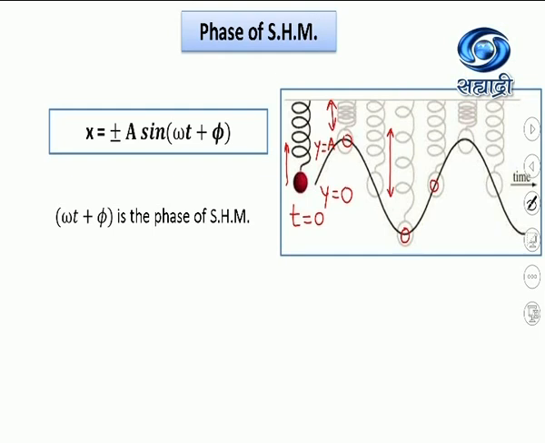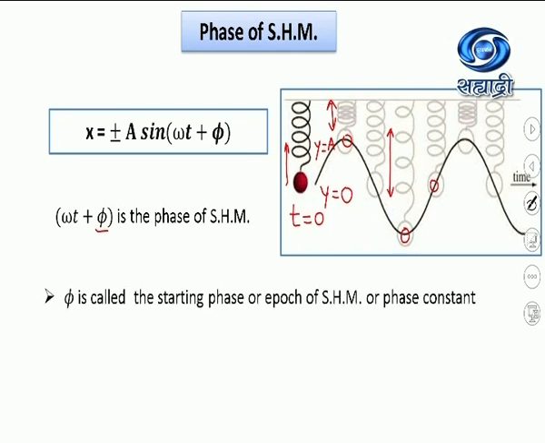Out of this omega t plus phi, phi stands for the starting phase or epoch of SHM, or the phase constant. We have already discussed that if the particle starts its motion from the mean position, then this phase constant phi is taken as either 0 or pi radians.